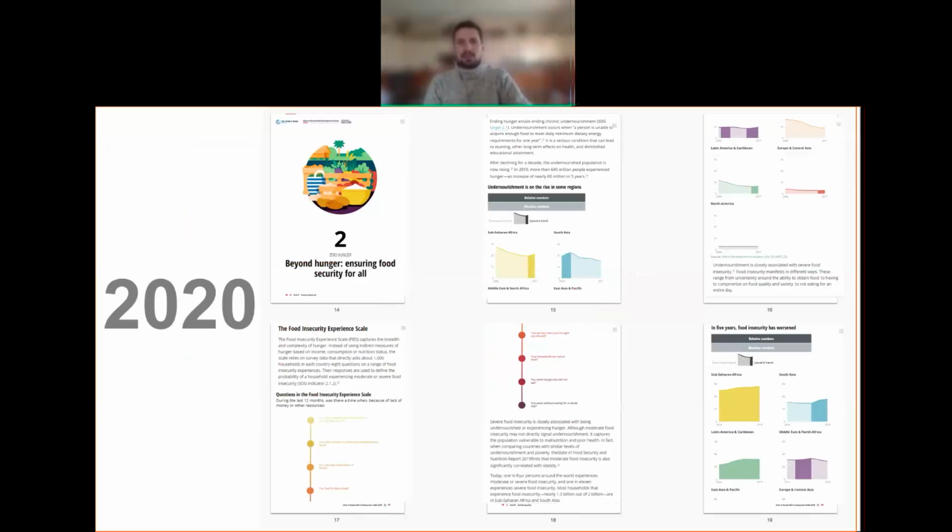And finally, in the 2020 edition, you see that we still have a heavy focus on visualizations, but some of the prose came back into the report. And I will talk more about that as well. I cannot really do a side-by-side comparison with the previous report, because one of the big changes between the 2020 edition and the previous editions is that for the 2020 edition, we don't have any print version of the report.